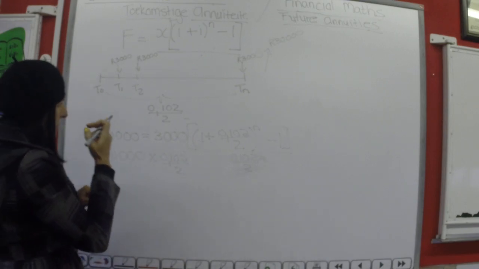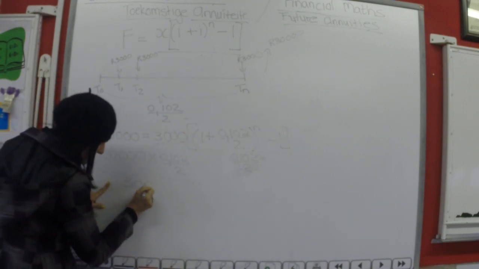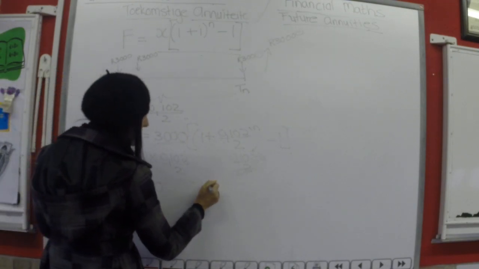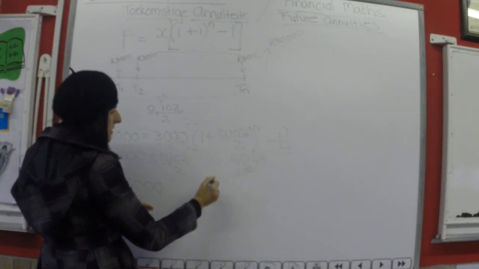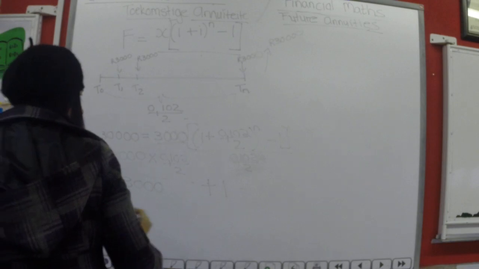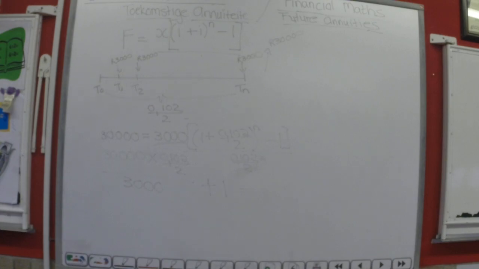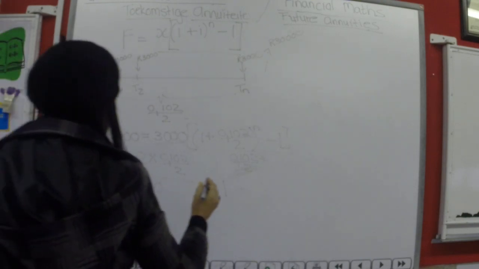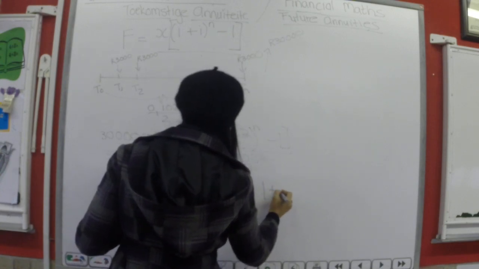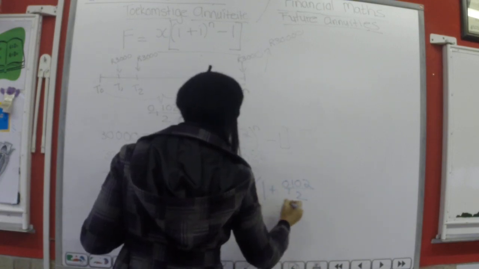Okay. Then this is now multiplication. So I'm going to divide with 3,000. En dan bly aan hierdie kant oor 'n min 1, so hy word plus 1. And then I've got 1 plus 0,102 on 2 to the power of n.